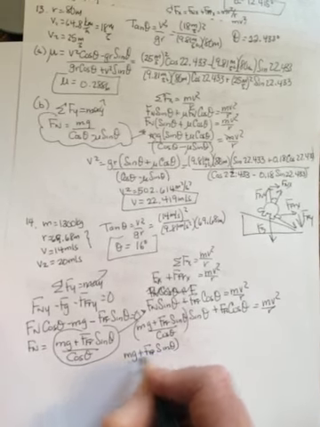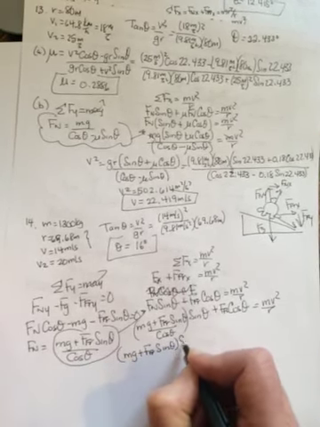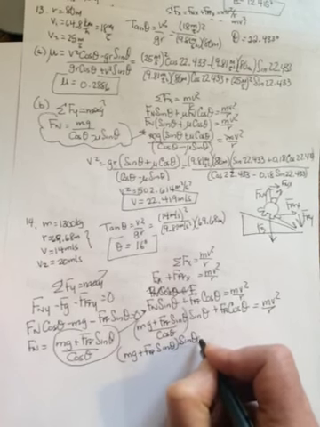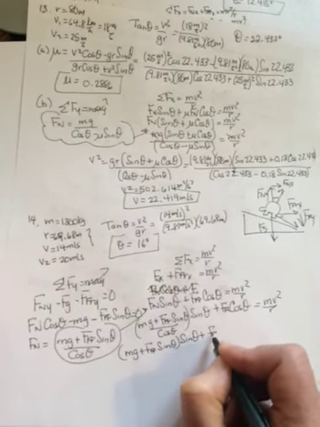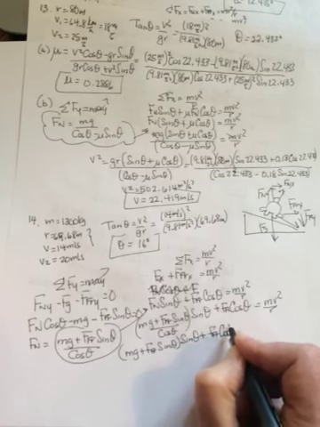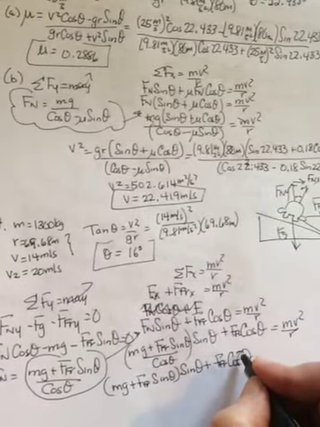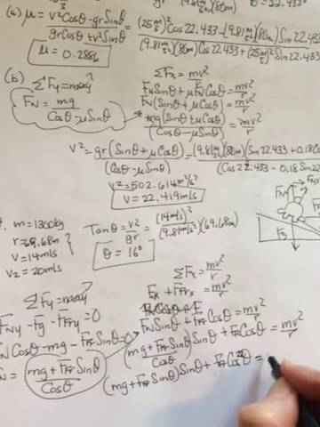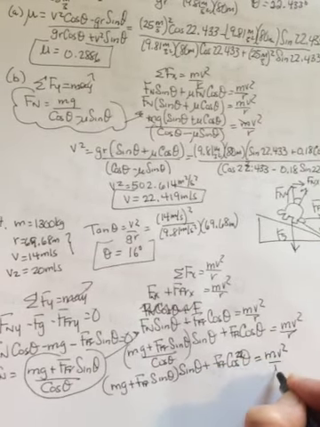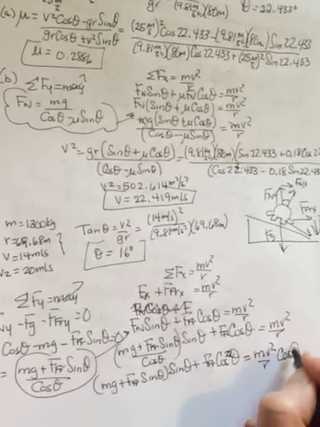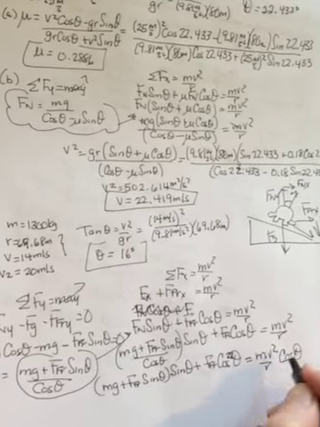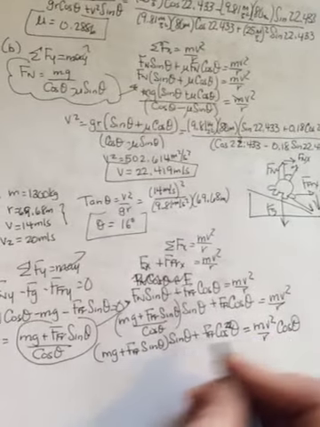So you'll still have your mg and your FFR sine theta in brackets, a sine theta outside. Next term becomes FFR cos squared theta. It's a squared there. And then equals mv squared over r times cos theta. One of the most common mistakes is people forget to multiply this other side of the bracket by cosine.